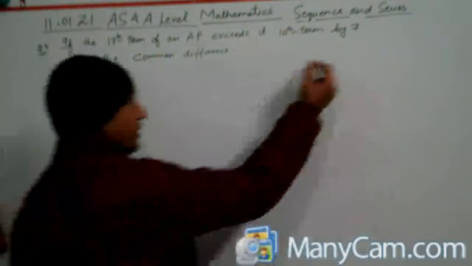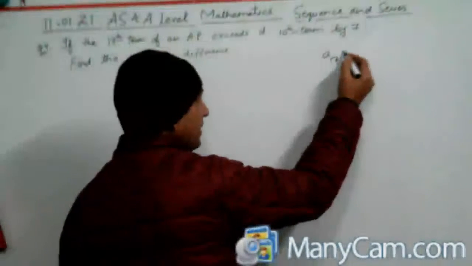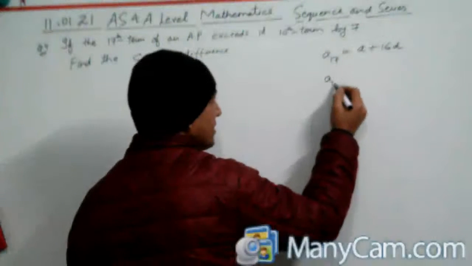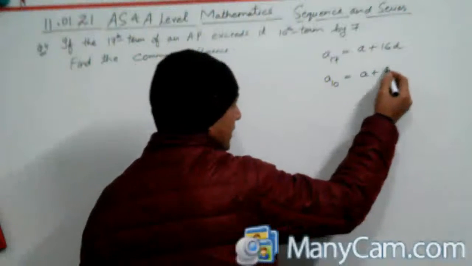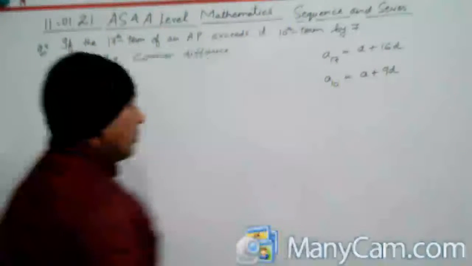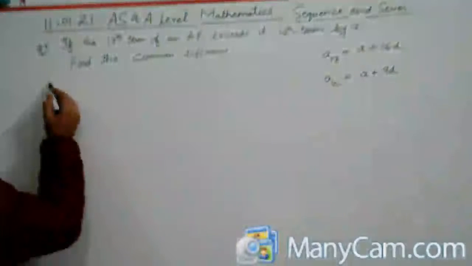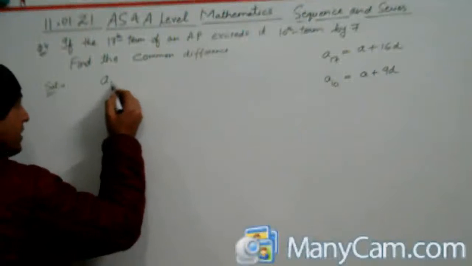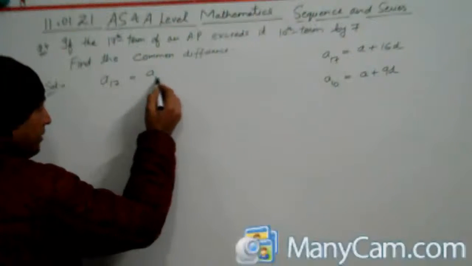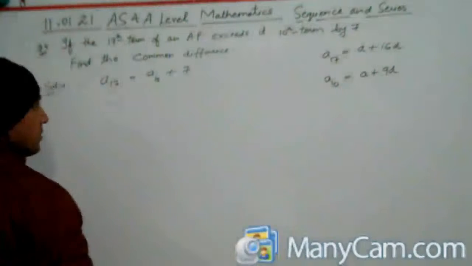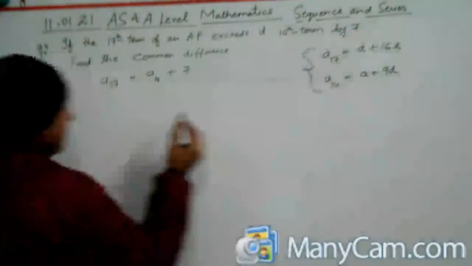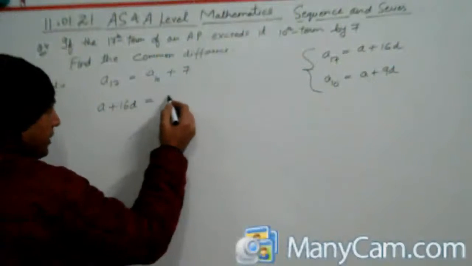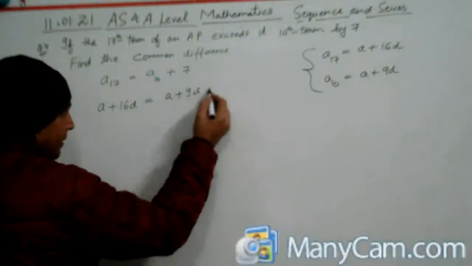So what is A17? A17 can be written as a plus 16d, and the 10th term can be written as a plus 9d. According to the question, A17 is equal to A10 plus 7. So we substitute these values: a plus 16d is equal to a plus 9d plus 7.